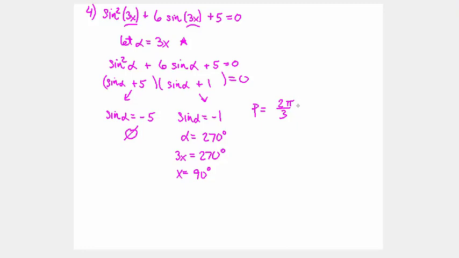Now we're working in degrees, so let's stick with that. 2 pi over 3 would be 120 degrees. That's the adjusted period for our sine function, given that there was a 3 in front of the x. The reason that matters is that our solutions are all supposed to be within one wrap of the circle, 0 to 360.